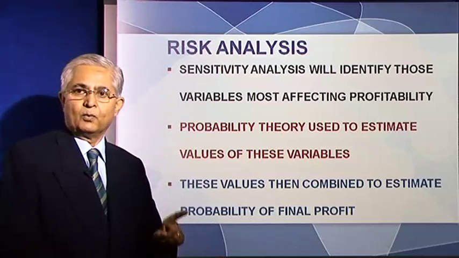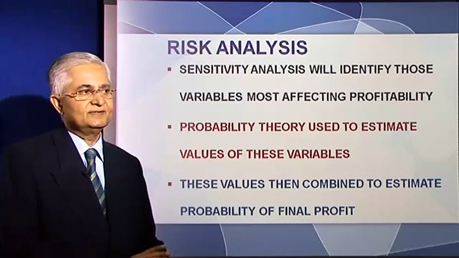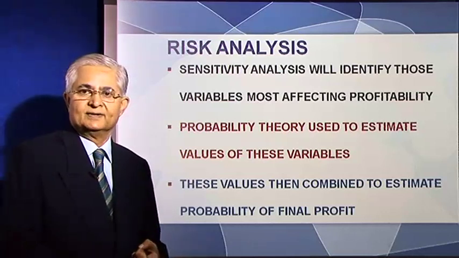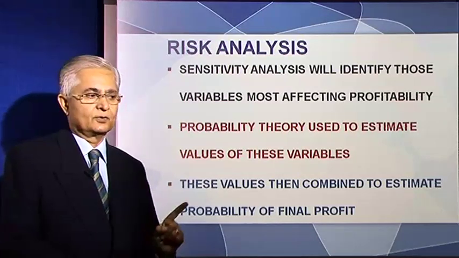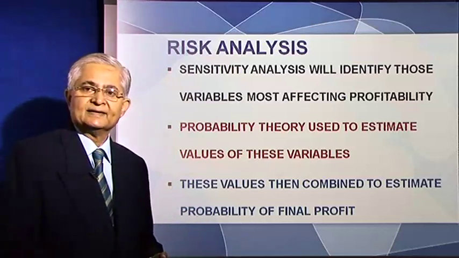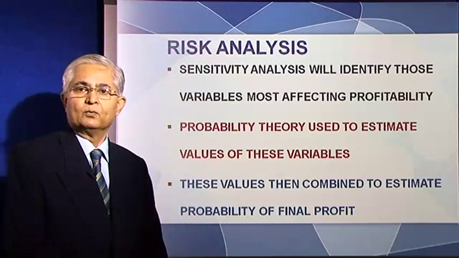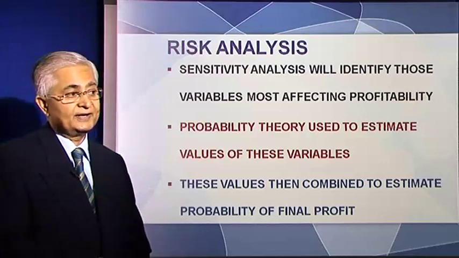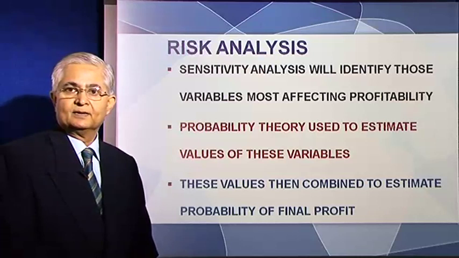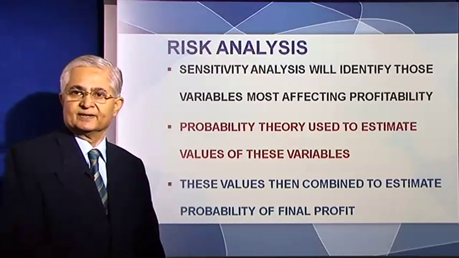Out of those three, one of the raw materials was found to be very important from the sensitivity analysis point of view. So let's call that variable 1. Variable 1 is the price of the raw material. And the next thing that sensitivity analysis found was that the price that customers were prepared to pay would significantly impact the profitability.